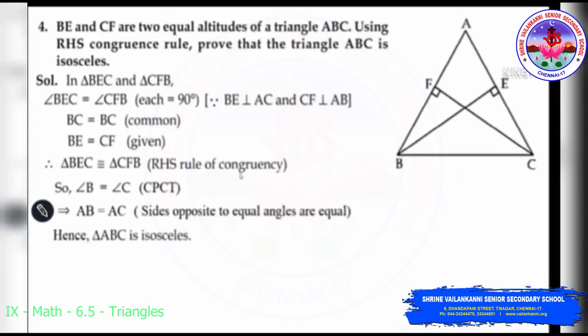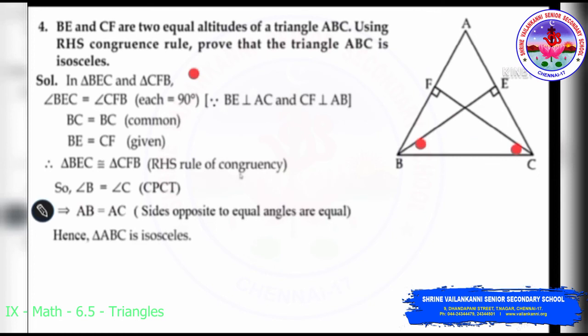Fourth problem: BE and CF are two equal altitudes of a triangle ABC. Using the RHS congruence rule, prove that triangle ABC is isosceles. We are given a triangle ABC where BE and CF are the two equal altitudes. So we need to show that AB is equal to AC, that is, ABC is an isosceles triangle.